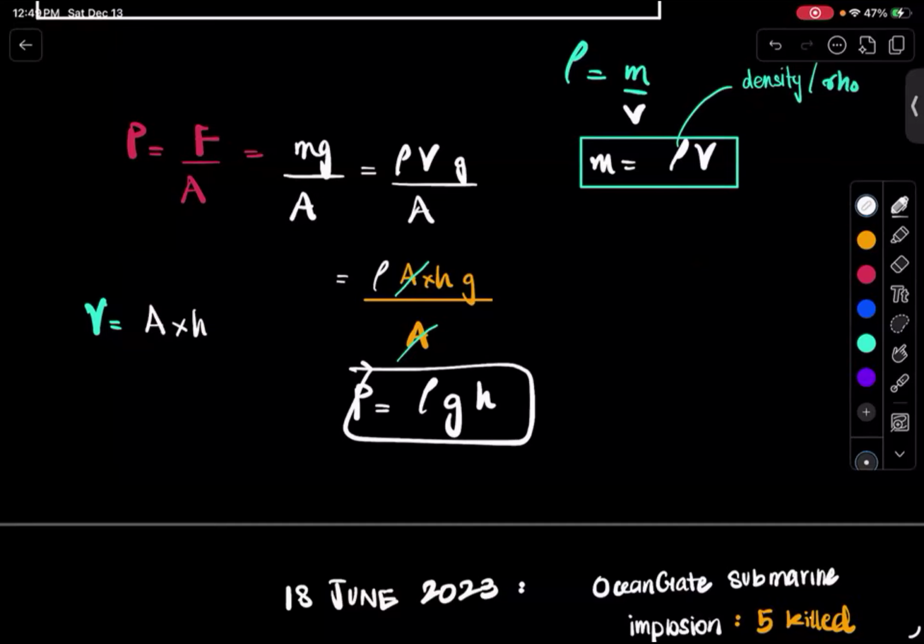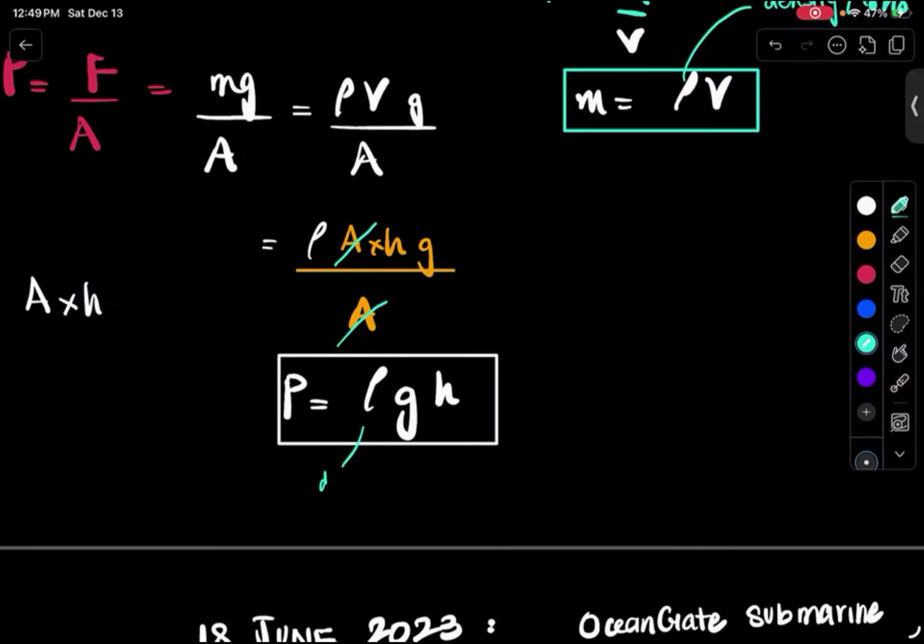And I'm sure you've heard this formula many times before in IGCSE, right? So this is the density of the fluid, okay? g is just the acceleration of gravity. h is the depth, very important, depth in meters. P is the pressure in pascals.